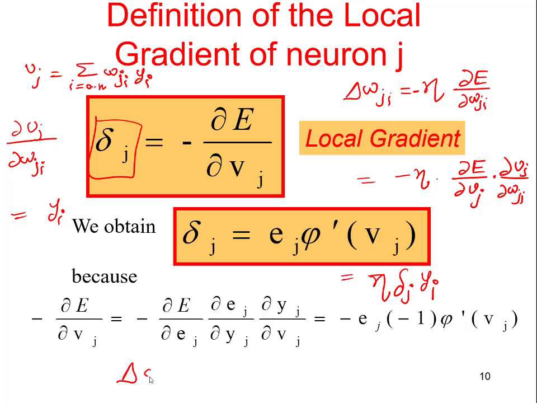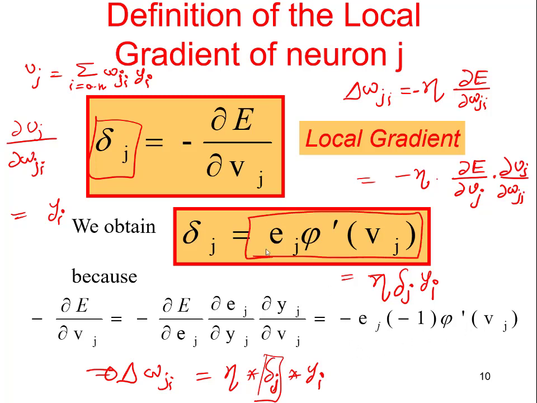So the update rule of Wji can be rewritten as the learning rate multiplied by our local gradient, or local induced error, multiplied by the incoming inputs to the jth neuron. So this equation can be reused for updating the weights of the output layer, where delta J of the output layer, we know, is Ej phi prime of Vj.